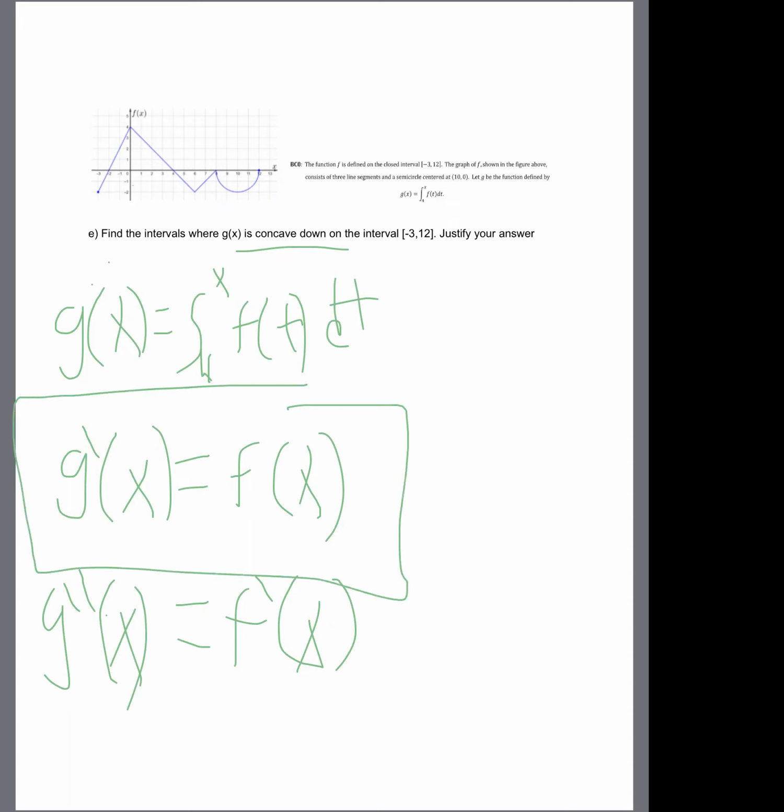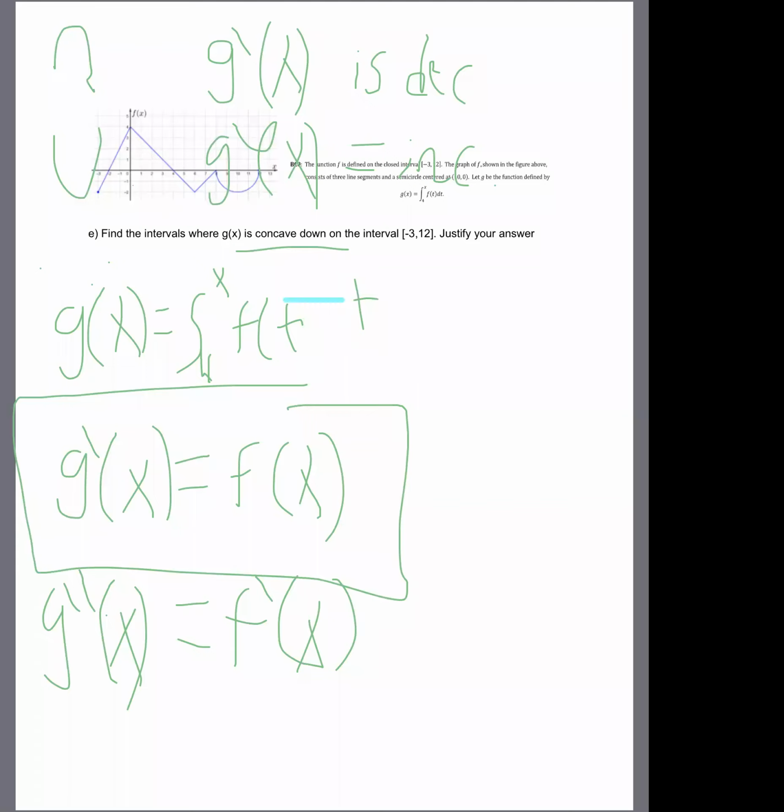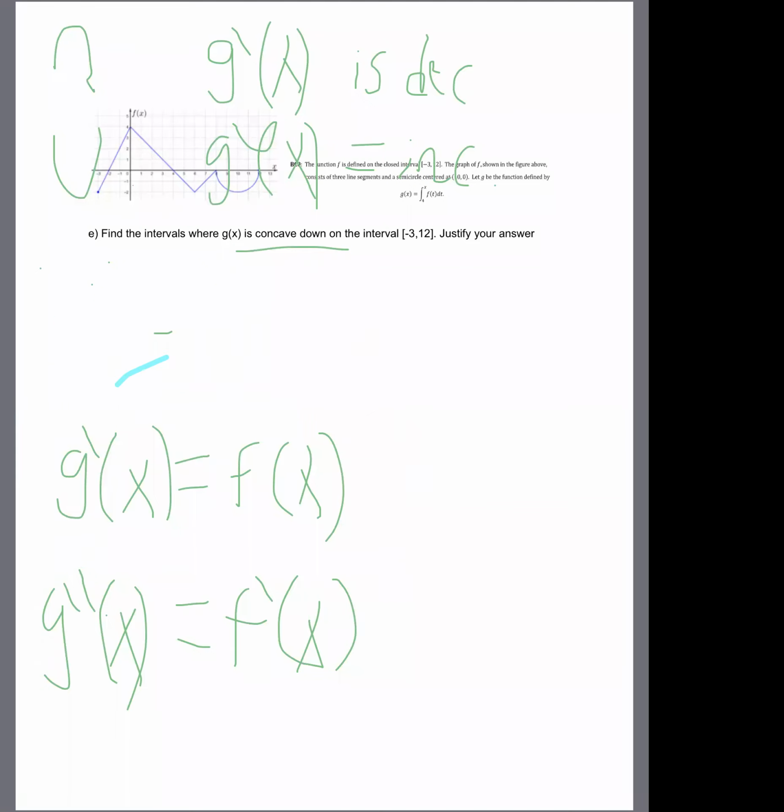And we know, from g prime of x, that g is concave down when g prime of x is decreasing, and concave up when g prime of x is increasing. So by that logic, let me clear this part right here, just so I can write it the correct way.